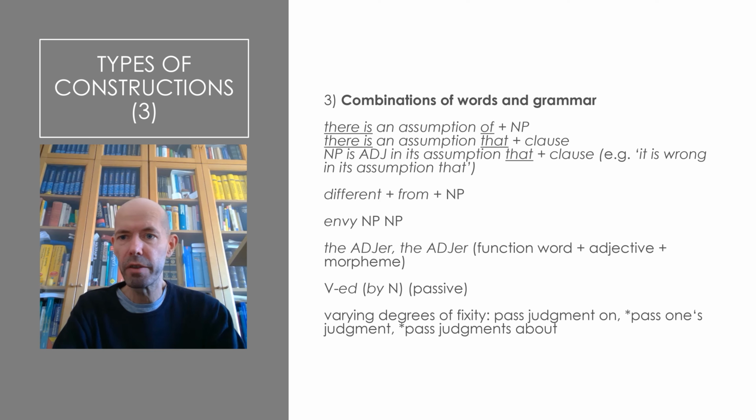So we can say things like the theory is wrong in its assumption that, but we could also say the model is flawed in its assumption that, or the model is incorrect in its assumption that. So there's a certain amount of variation possible here, which we do not usually have with collocations. Another example, if you look at the third example, we have envy.